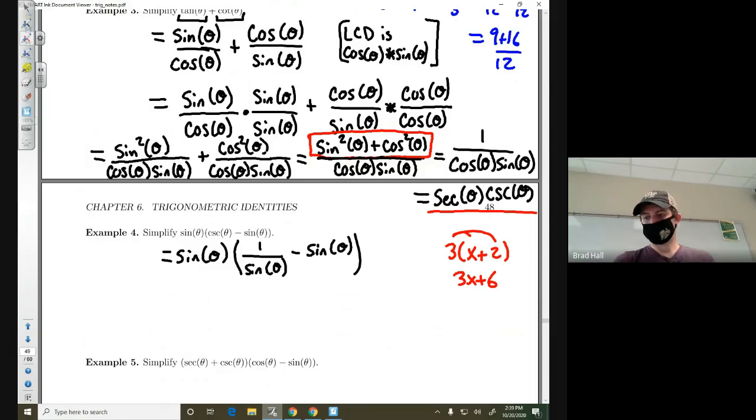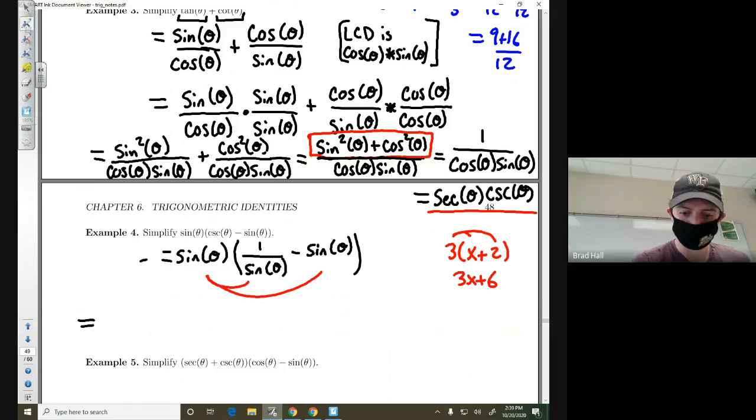So it's the same idea here. Distribution means each term we're bringing in the outer function to each inner one, where they can all be multiplied. I'll write this out before I simplify. So then it'll be sine of theta times 1 over sine of theta.